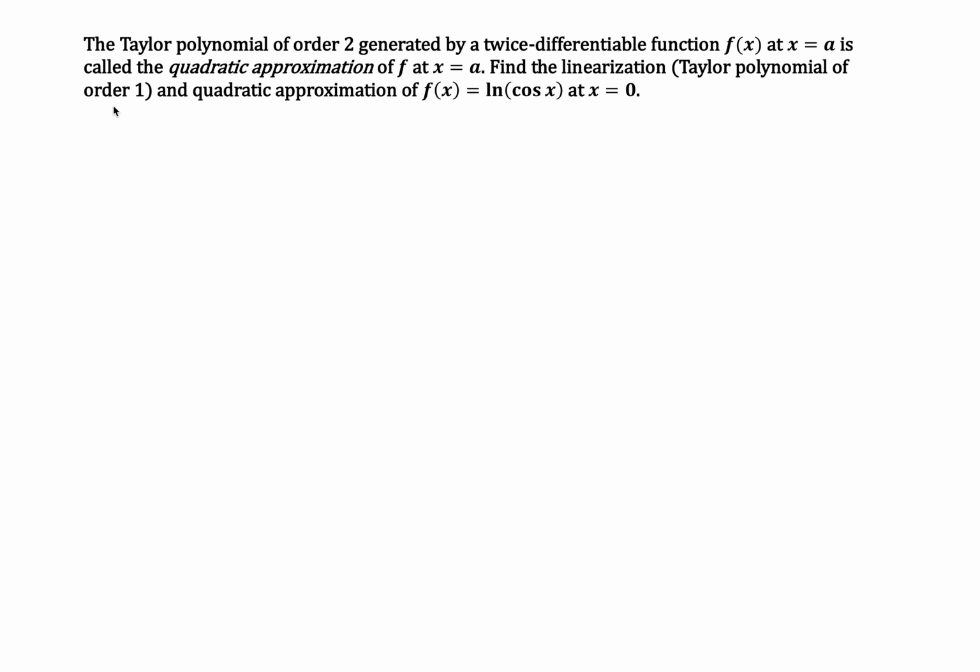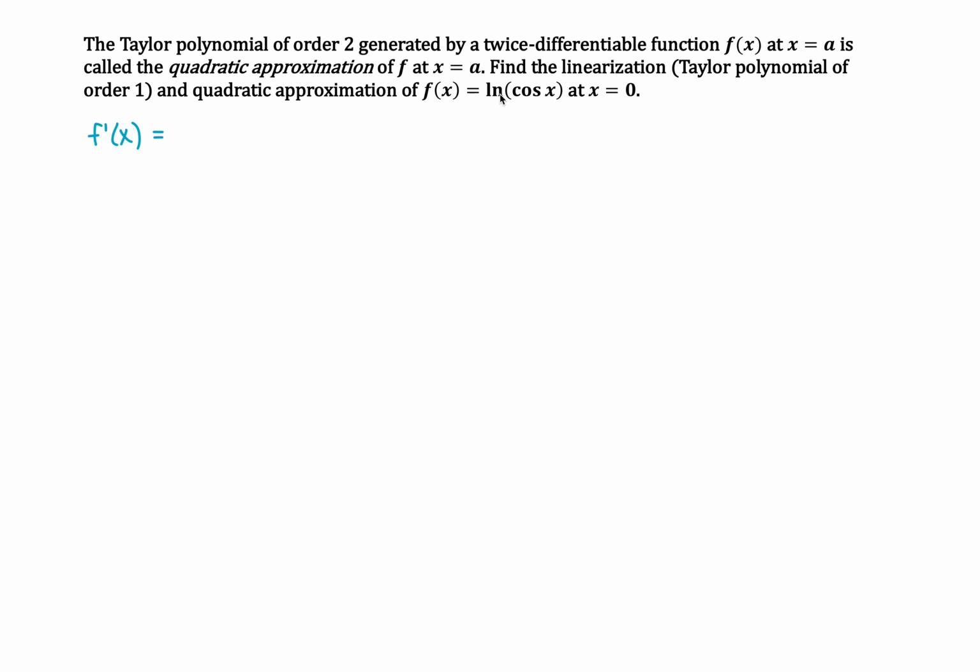So first thing I'm going to do, just like I've done before, is look at the first two derivatives of this function. So the first derivative of f, we're going to use the chain rule.